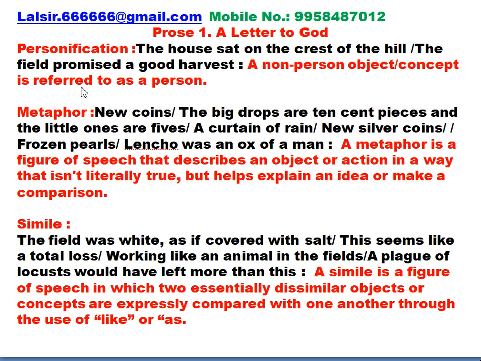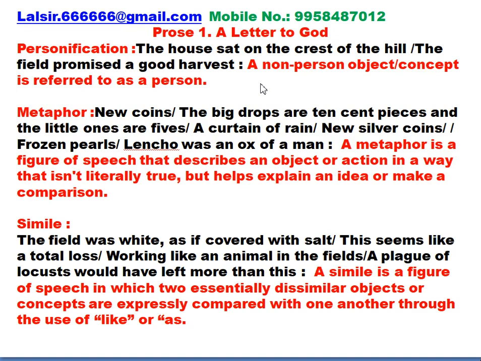Now, talking about the first literary device, we see personification here. The house sat on the crest of the hill. The field promised a good harvest. Now, somebody promises something to somebody. So, this is a kind of a reference to a person.